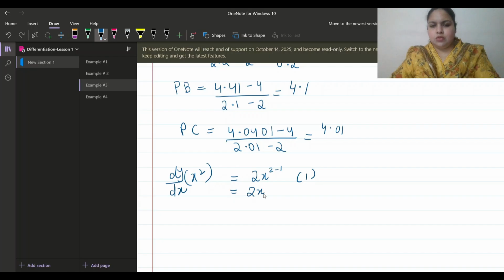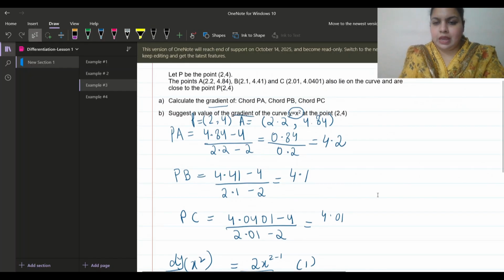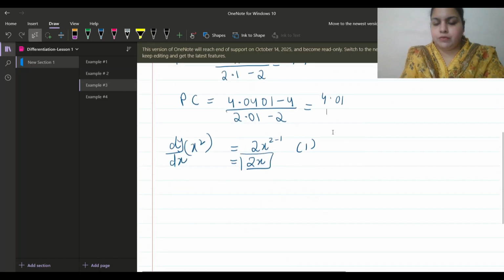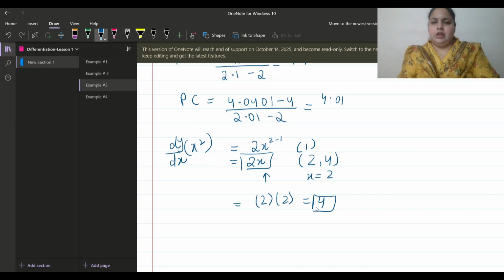So it's 2x, the derivative of the curve. And since they're asking at the point (2, 4), our x is equal to 2. If we plug in the value of 2, 2 times 2 is 4. So this is the required value of the derivative of the curve.